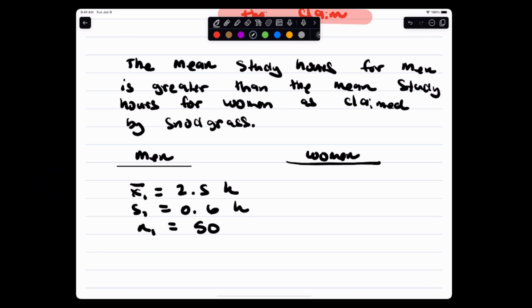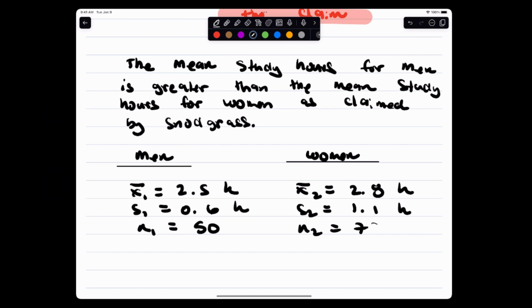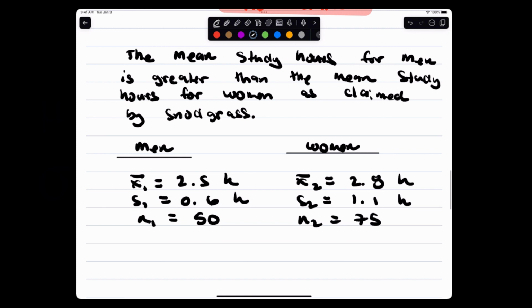And then for the women, you got a sample mean here of maybe 2.8 hours. Sample standard deviation of 1.1 hours, and the sample size is 75. Okay, so we're kind of back to the old format.